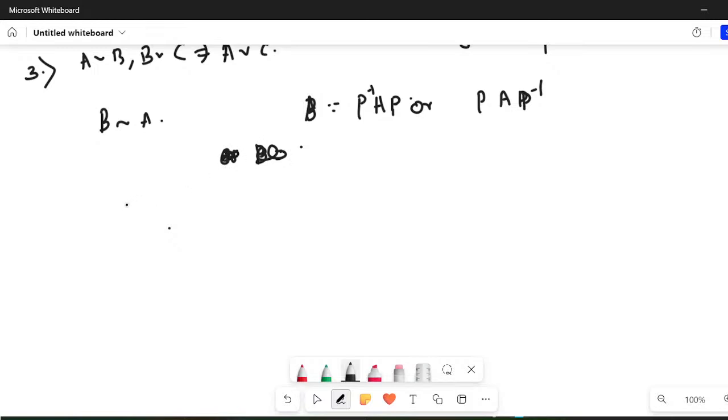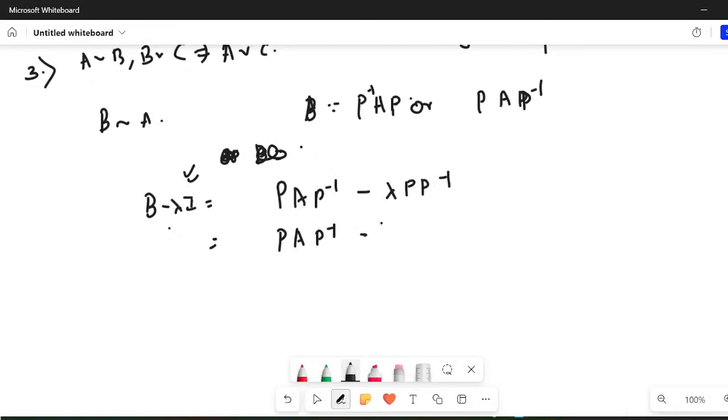Now see, if I want to write B minus lambda I, let us write P inverse A P minus lambda times I, where I write the identity as P inverse P. Deliberately I write lambda into I this way.